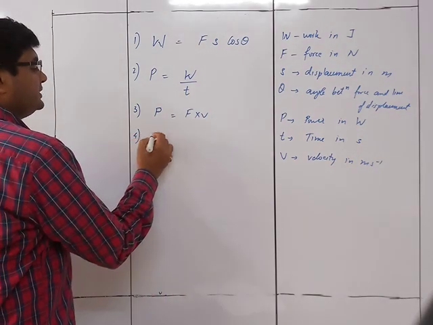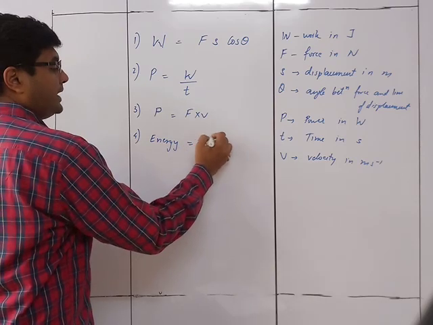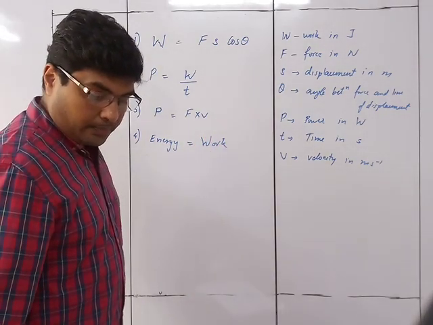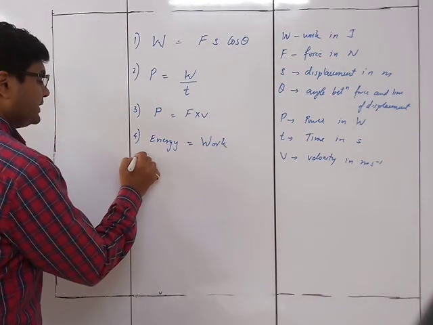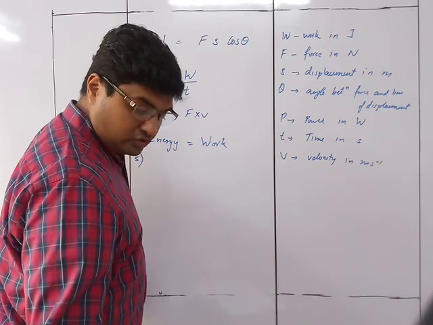The fourth one is energy is equal to work done. We are just going to take it that way. We have another thing over here, work is equal to mgh.